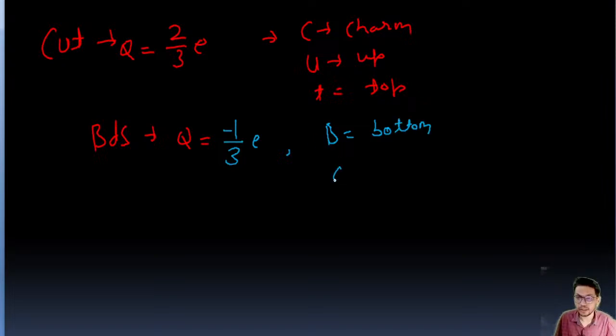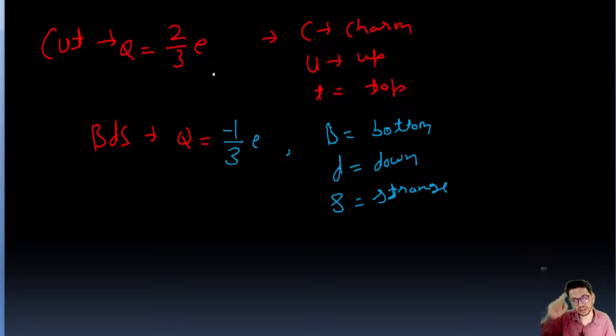This charge part is important, so you can easily remember it. CUT means charm, up and top, charge 2/3. For BDS, bottom, down and strange, Q is minus 1/3.